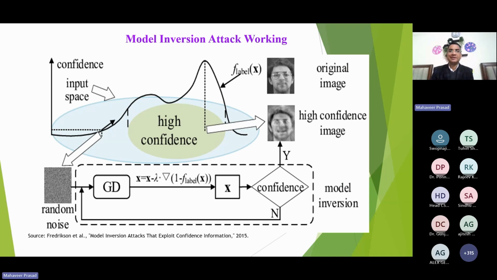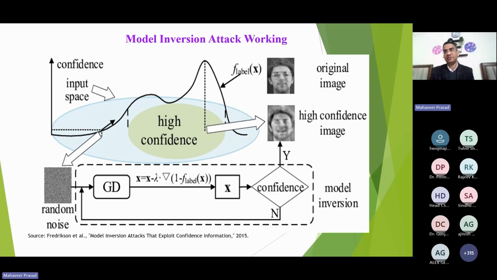So how is it doing this? Basically, what is the procedure? You can see in this diagram the attacker is continuously generating some samples and checking the confidence of that particular input. If the confidence is high, then the model can think, yeah, this data belongs to this particular model.